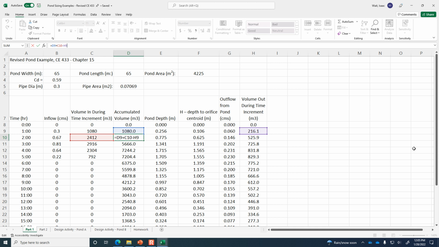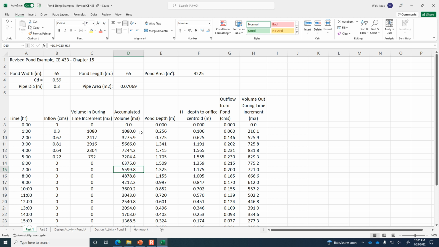So we're numerically balancing the inflow, the outflow, and how much there was in the previous hour. And what we saw by doing that is that the accumulated volume of water in the pond went up, and then when the storm stopped, it drained slowly because the pipe is letting water out of the pond at a lower rate than the water flows into the pond.